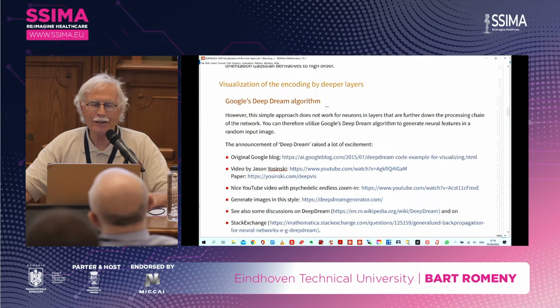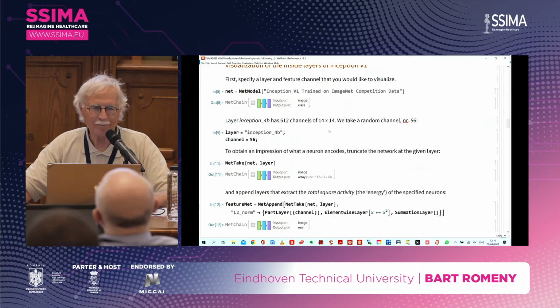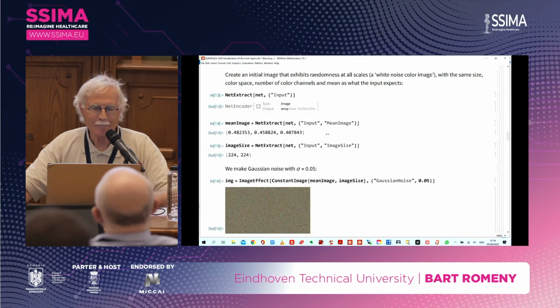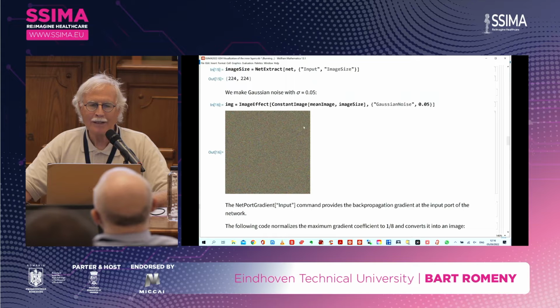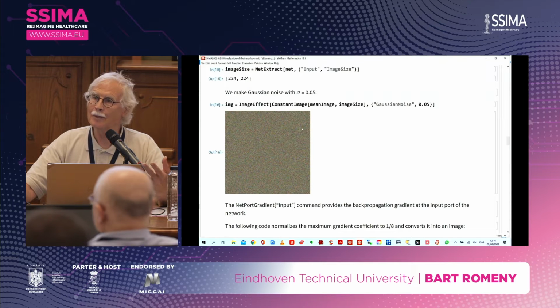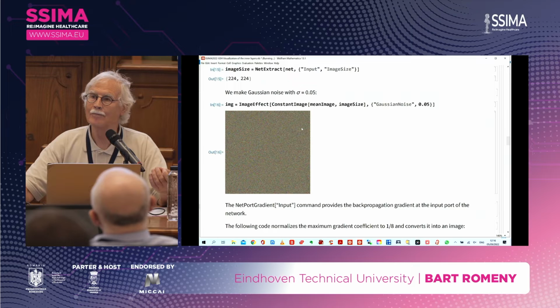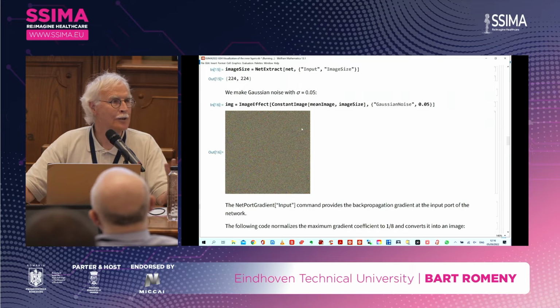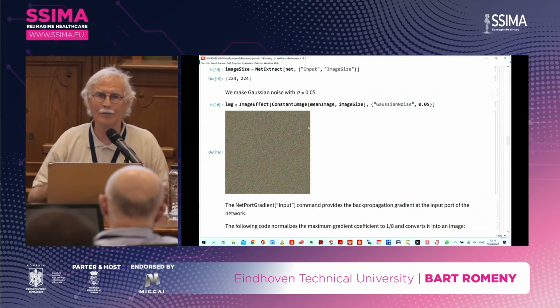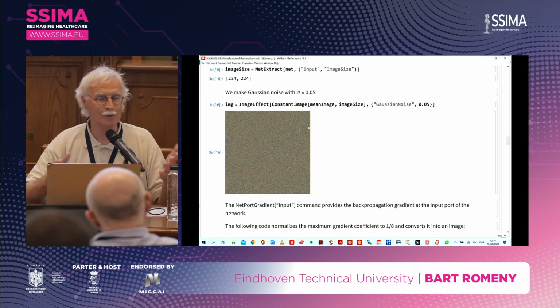Google Deep Dream's algorithm is famous. And I look again into these layers. And what I do is I give the input to the network not an image, but just plain noise. And if you give it noise, there is no structure whatsoever. There are no lines, no faces. It is just noise.